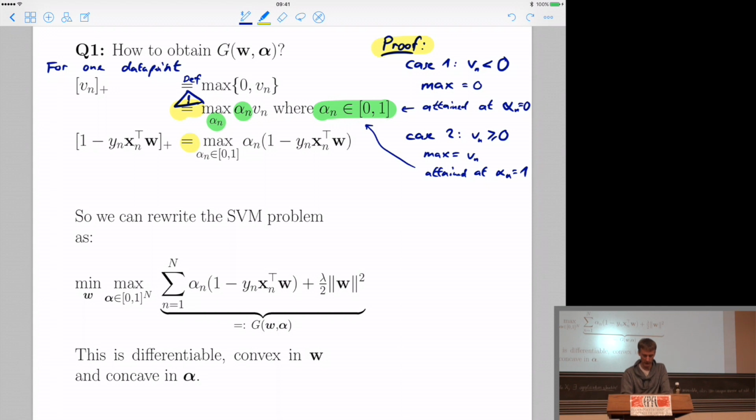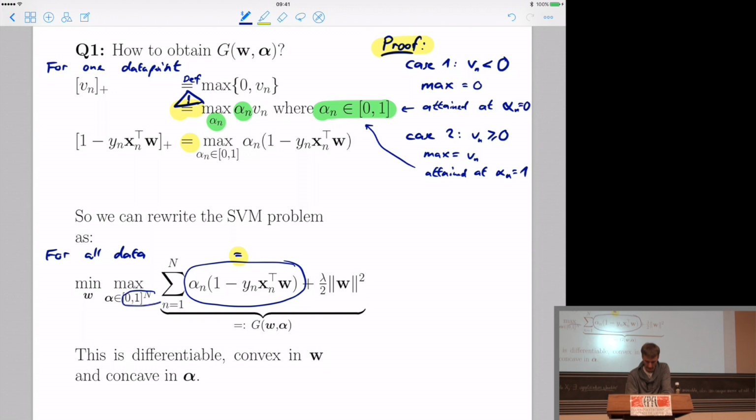Okay, now this is for one point, and now let's do this for all points. So for every element in the sum, we're going to do this trick. Then all these values will actually be the same, by our equality here. Nothing has changed. But this only works if each alpha is maximized over the interval 0, 1.